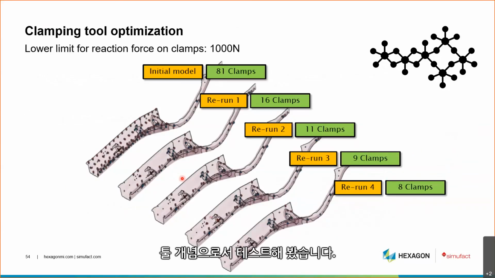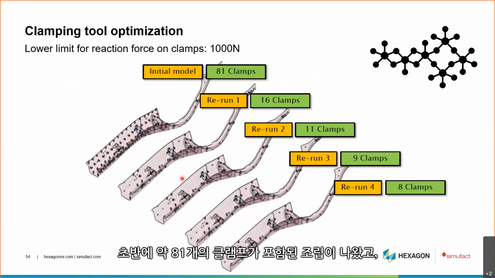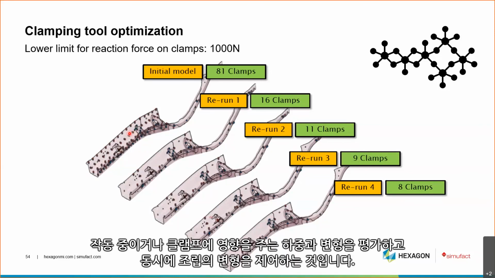We have tried it out here as a proof of concept. The idea here has been we have an assembly with something like 81 clamps at the beginning, and then we try to evaluate forces and deformations acting on clamps, and at the same time controlling the deformation of the assembly.